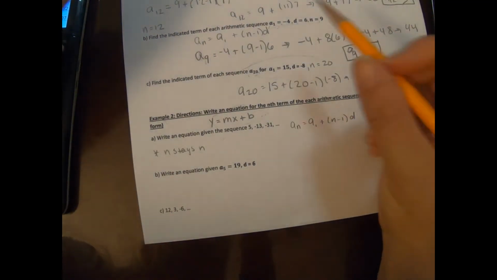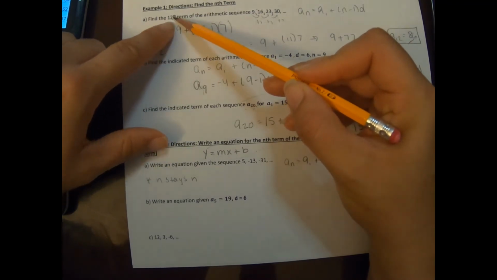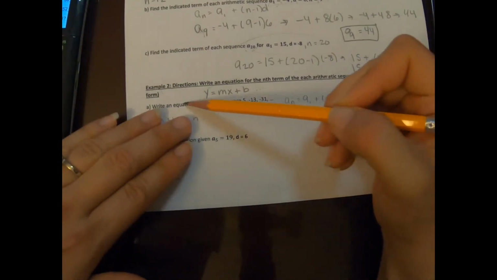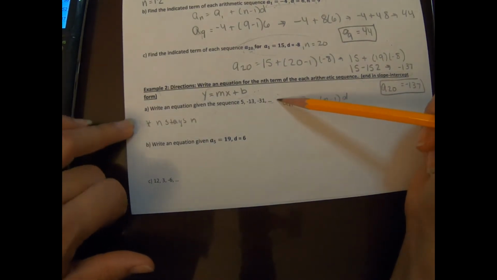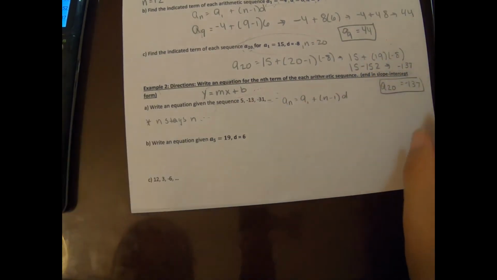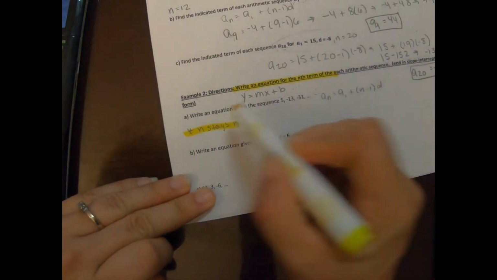It's a lot different than our first example where we're asked to find the 12th term and we plug 12 in for n. Here, it doesn't ask you to find a certain term or a number in the list. It's asking you to write an equation. So n stays n. The directions say write an equation, n stays n. That's something that is very confusing.